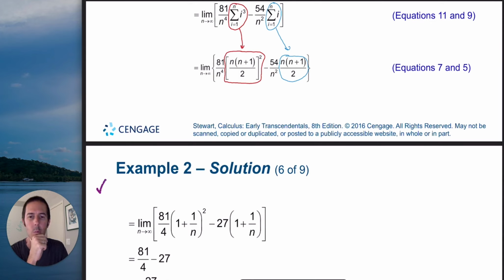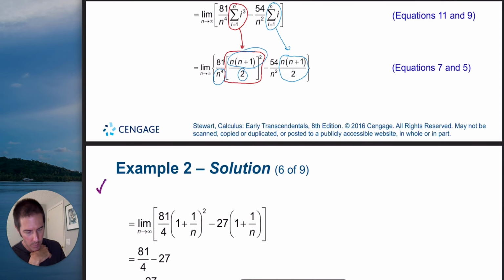Okay, what has happened in order to get us to the next line that's on the next slide? There has been some large-scale simplification that happened there. The n to the 4th power down here has interacted with this numerator, and the 2 in the denominator has gotten squared, resulting in a 4.